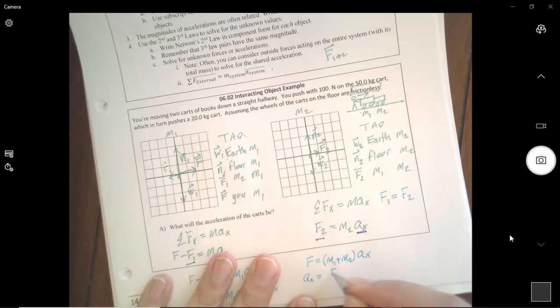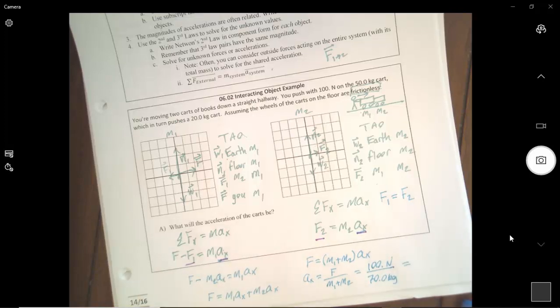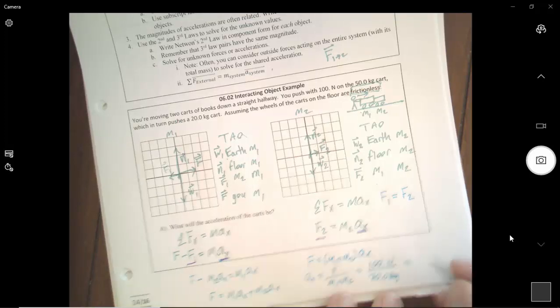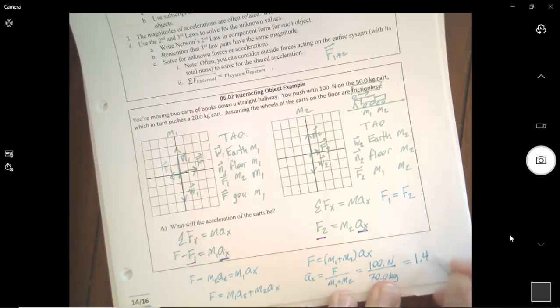So we have F over M1 plus M2, and so we have F is 100 newtons over total mass, I think is 70. So we get 1.43 meters per second squared.